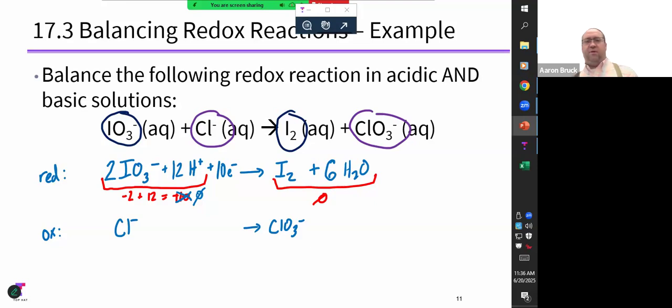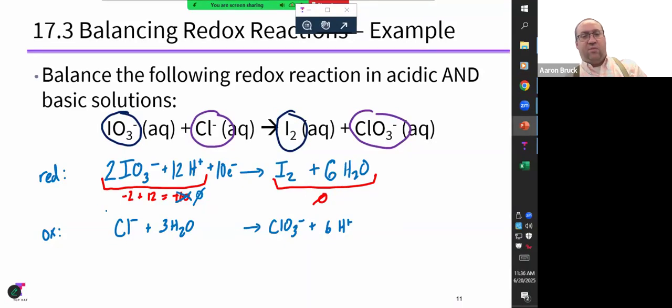This time, chlorine is already balanced, so I don't need to do anything further. I have 3 oxygens, so I need 3 water molecules to balance it. And I have now 6 hydrogen atoms, so I'm going to need 6 hydrogen ions to balance that.